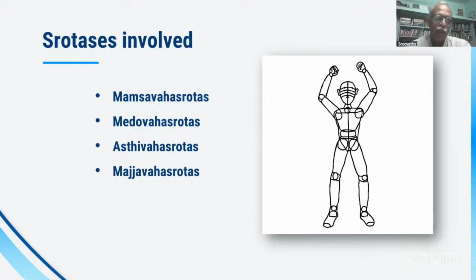So we can see that right from the Bahya Dhatu, like the Mamsavaha Srotas or the Mamsa, Peshi, Kandara, it can go into Snayus. It can be due to some problem or some affection of the Medovaha Srotas, the Asthivaha Srotas, when the Asthi is directly involved, either due to Asthidhatu Kshaya, especially which is happening now.